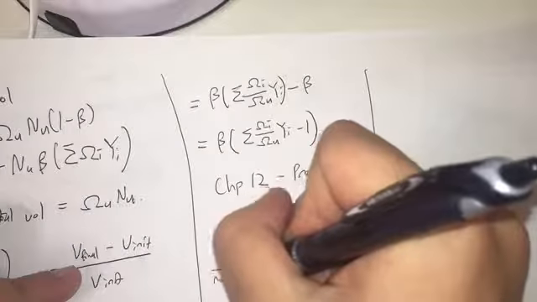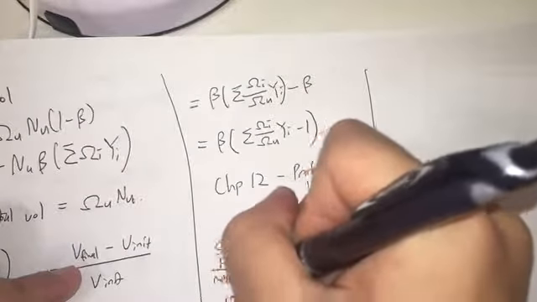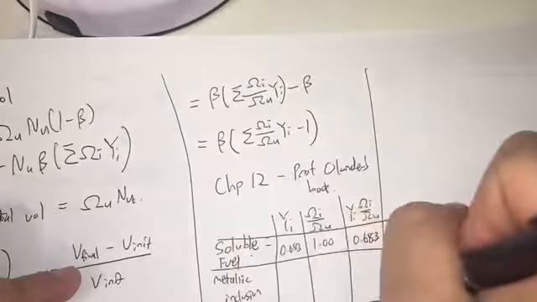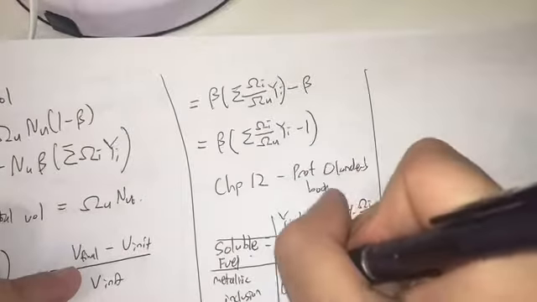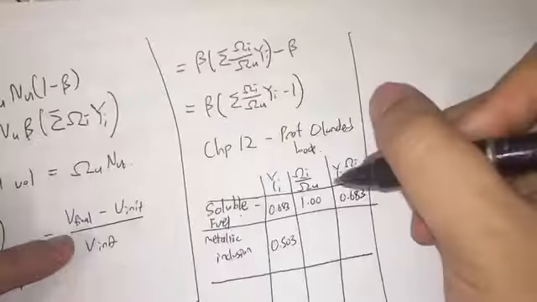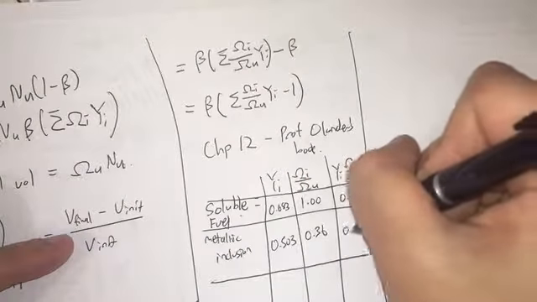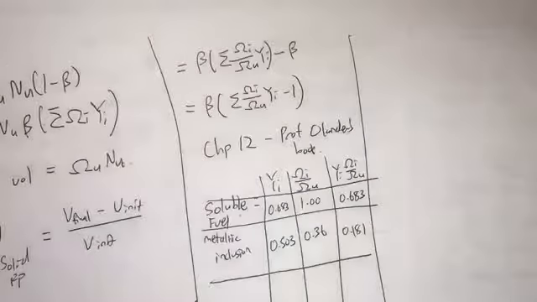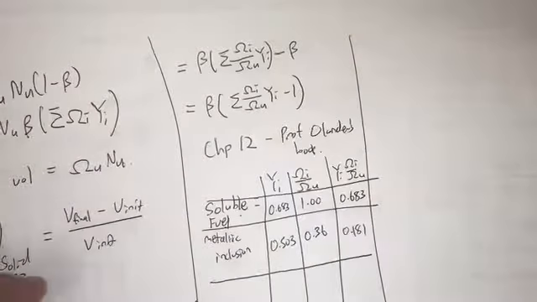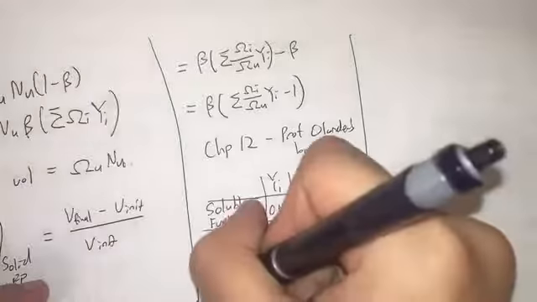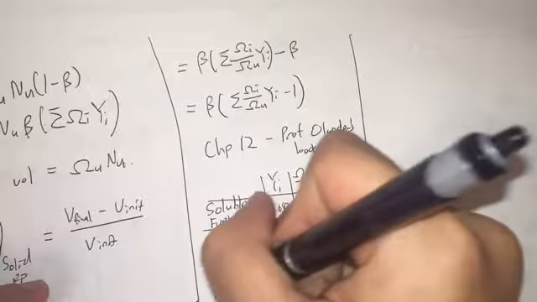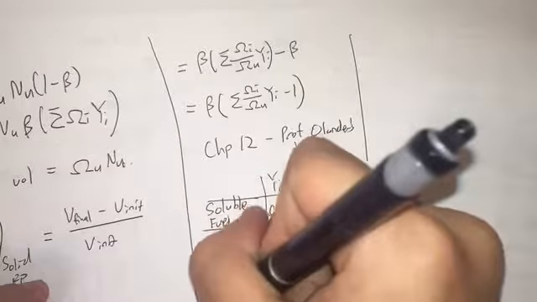So metallic inclusion, this will be 0.503, 0.36. This is from the textbook, and here is 0.181. Alkaline earth zirconates.